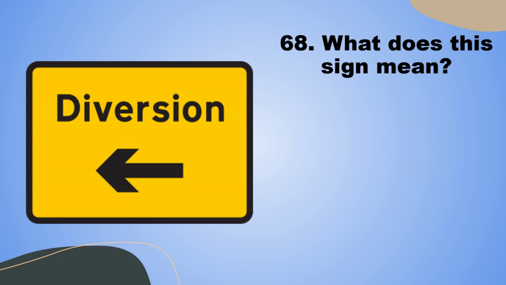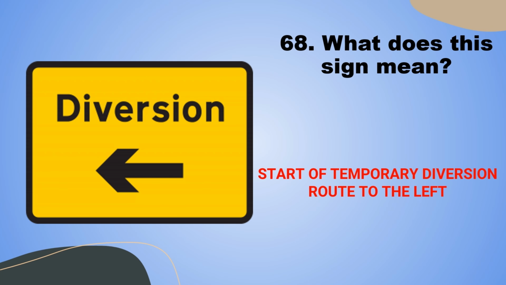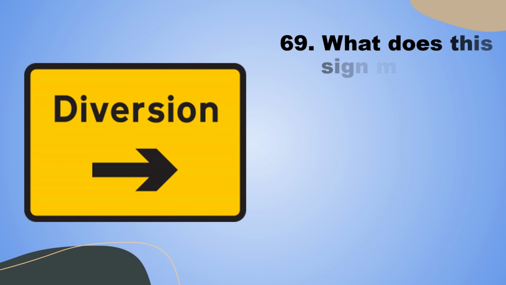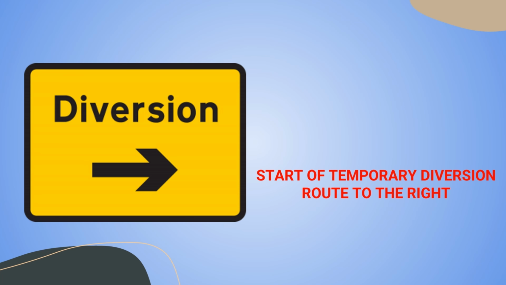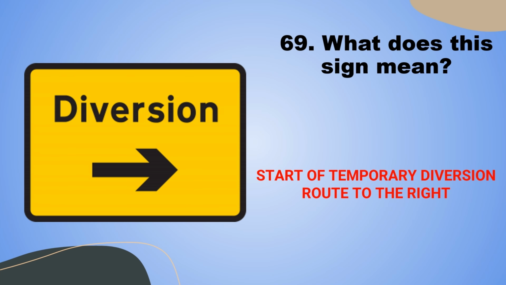What does this sign mean? Start of temporary diversion route to the left. And the following sign is going to be very similar to this one, but obviously it's going to be different. What does this sign mean? The start of temporary diversion route to the right.